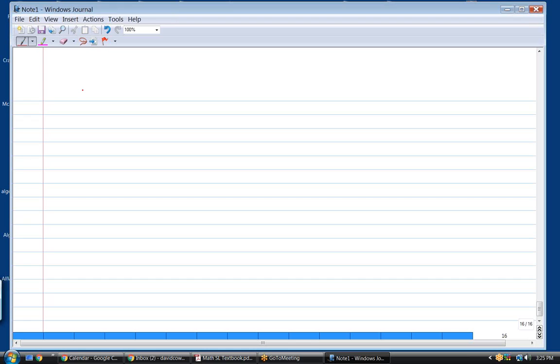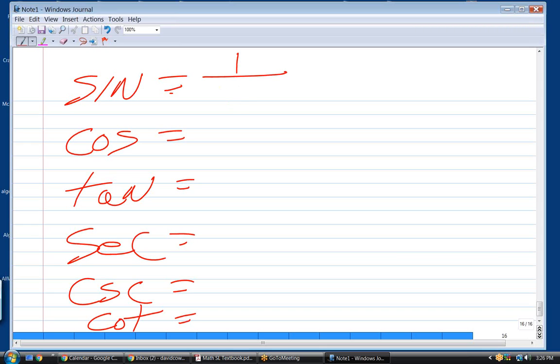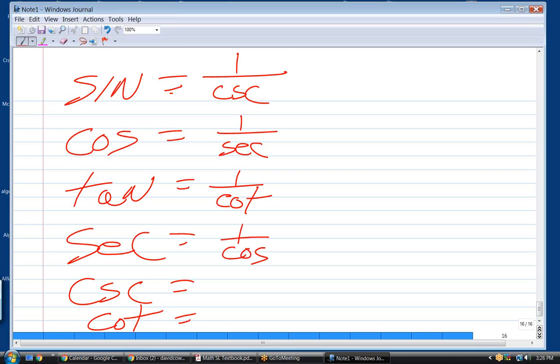Do you know the 6 reciprocal identities? Here, I'm going to put them in, you match them up. What's the reciprocal of each one of these 6? 1 over cosecant, 1 over secant, 1 over cotangent, 1 over cosine, 1 over sine, and 1 over tangent.